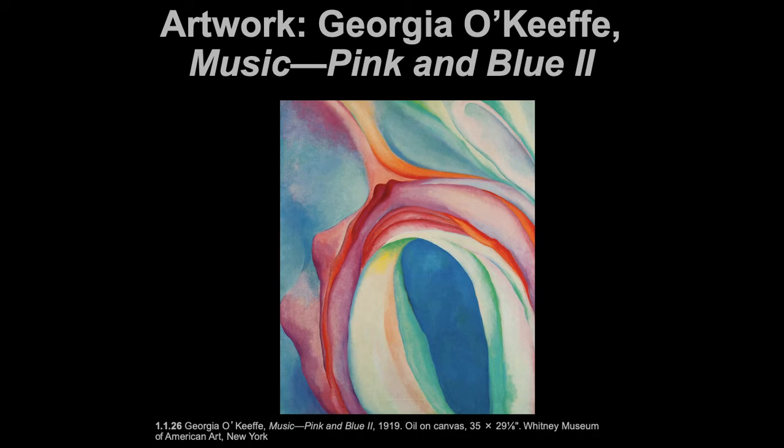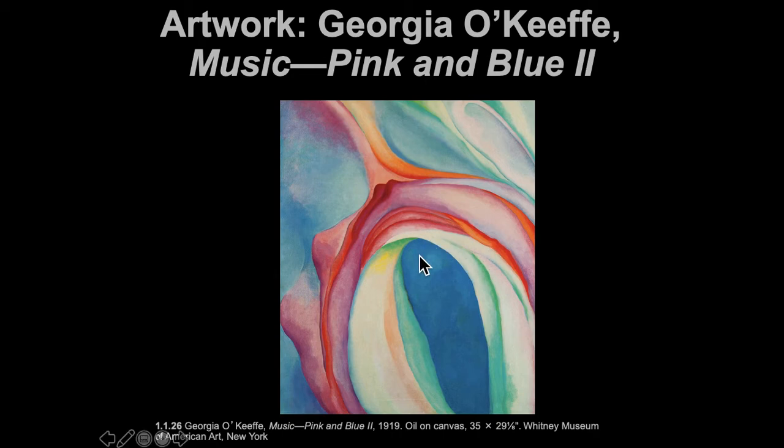Okay, Georgia O'Keeffe's Music, Pink and Blue, number 2. We do see this idea of positive and negative here, but now we're looking at more of the color being the operational element, right? So it is a shape, but the color, the dark blue, is bringing us backward. That's value as well, the darkness.